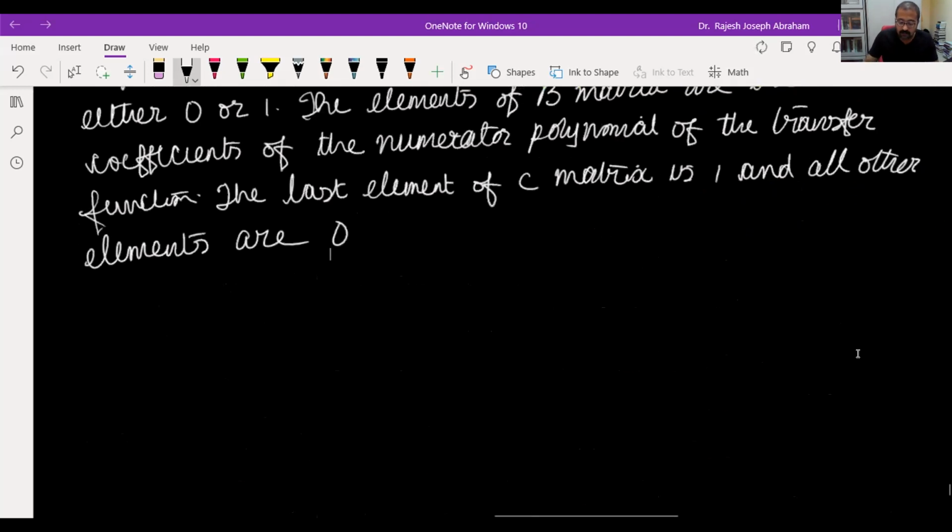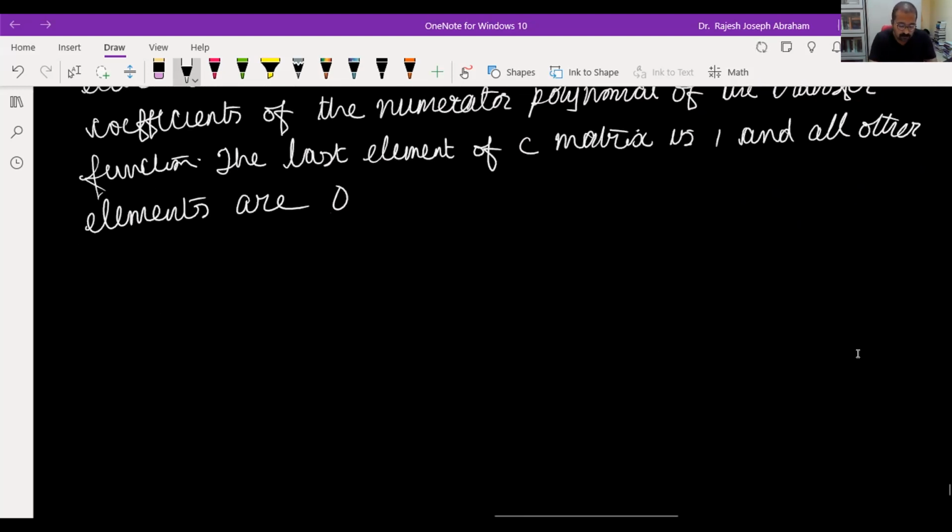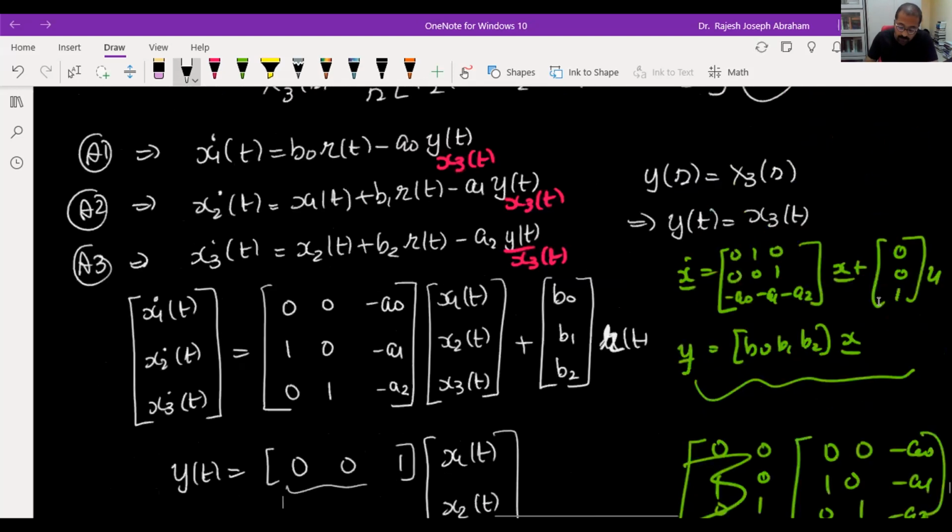Again, let us try one example here. Before that, we need to draw the state diagram.